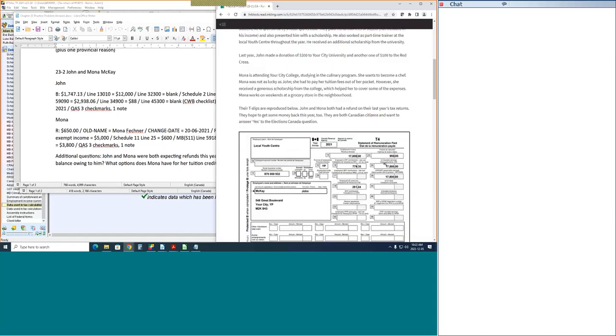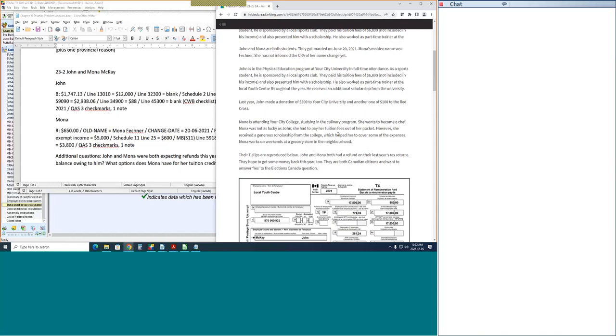She's a qualified student in a qualified program. And we know because of her scholarship, she's a qualified student in a qualified program. Her scholarship will be exempt. So Mona will be easy to do in theory, and we'll just make sure that the computer does the right thing. John is trickier. So the first question that I'm going to ask you is, can John claim his tuition credits?